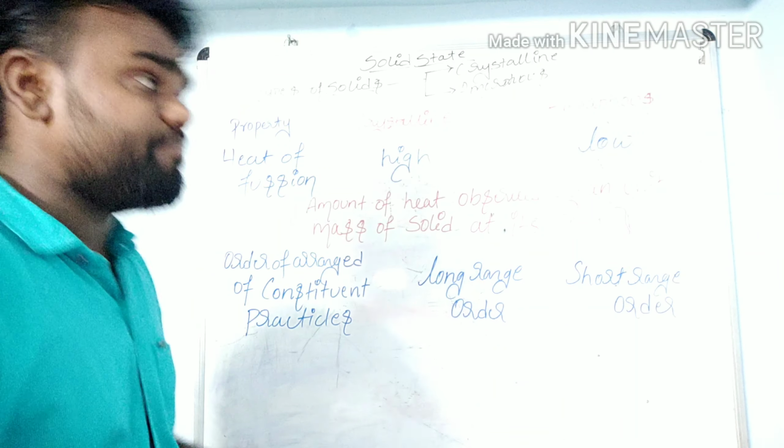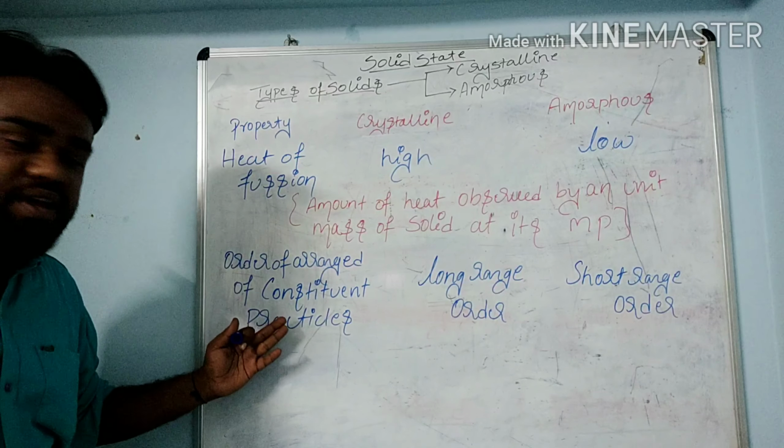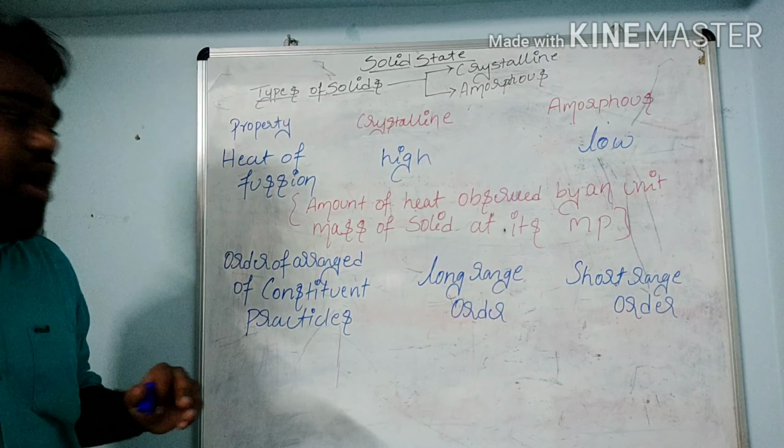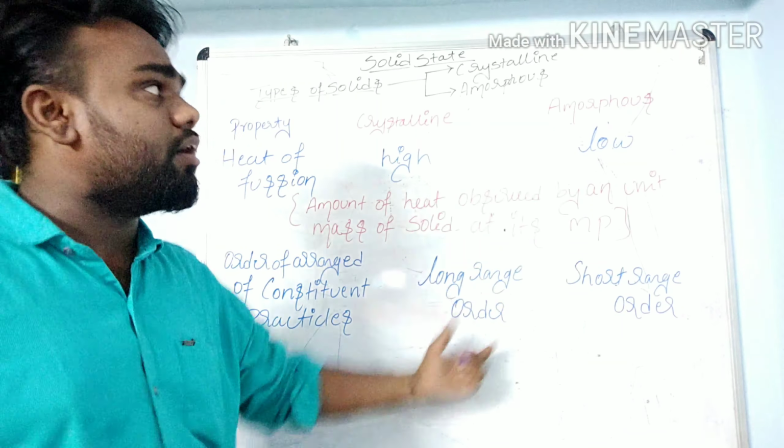Next point is the order of arrangement of constituent particles. Crystalline solids have long range order, and amorphous solids have short range order. In long range order, the particles are arranged with continuity of order, so it is long range order.